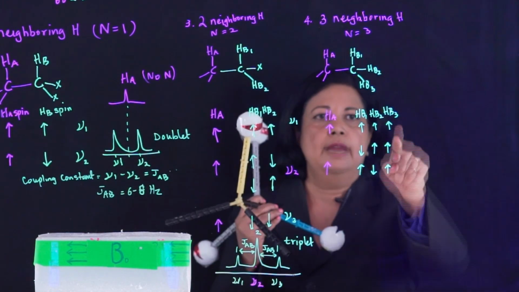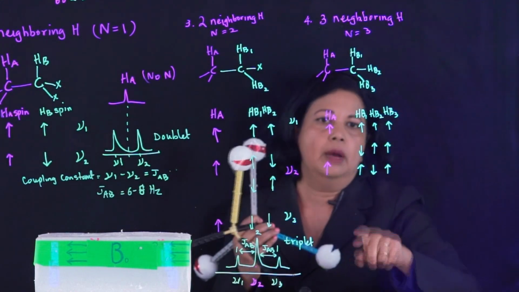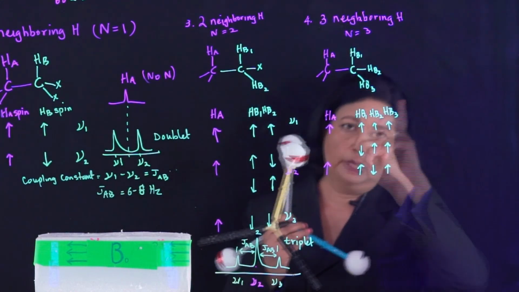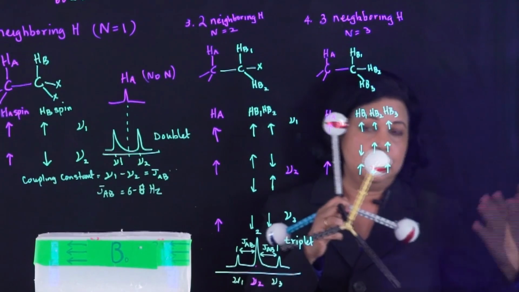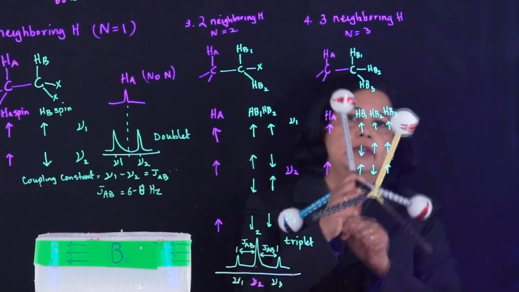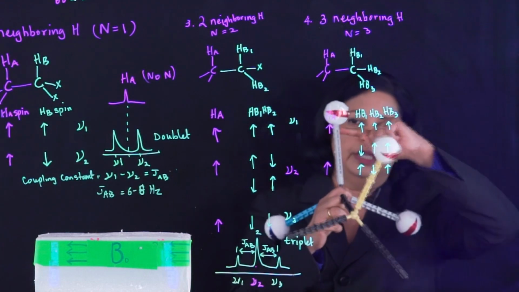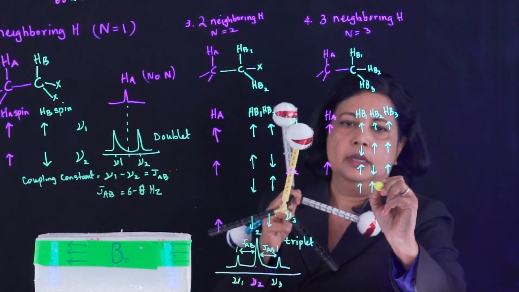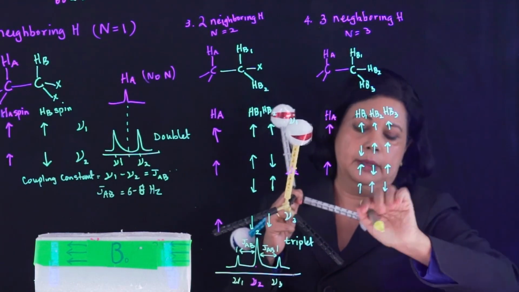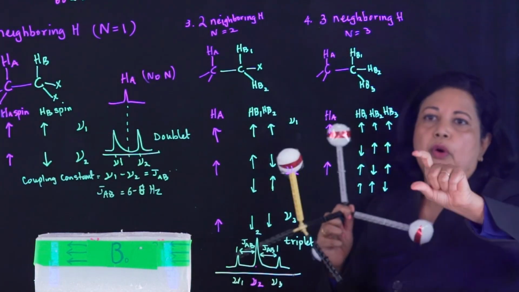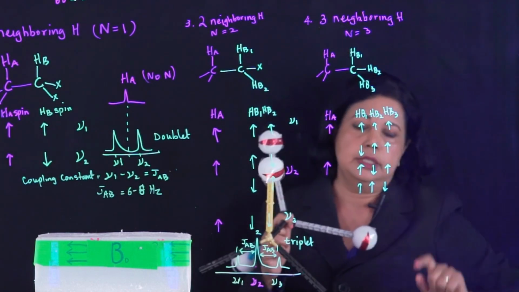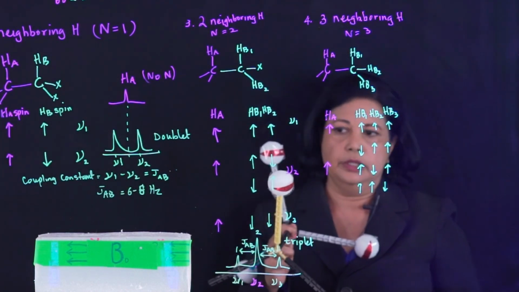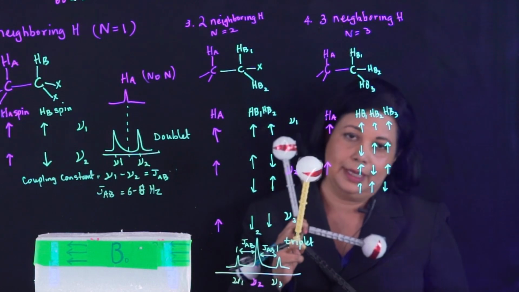You could have HB3 going in the opposite direction while these two go in the same direction. So here's a situation where you can have HB3 be in the opposite direction and HB1 and 2 be in the same direction. So there are three probable states for when one of the hydrogens is in the opposite direction of spin as the one that we are looking at.